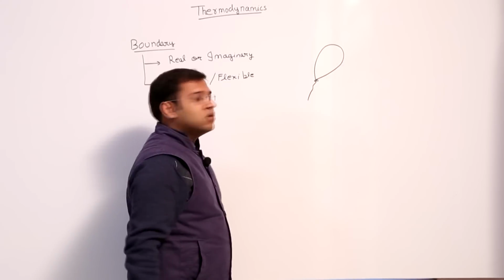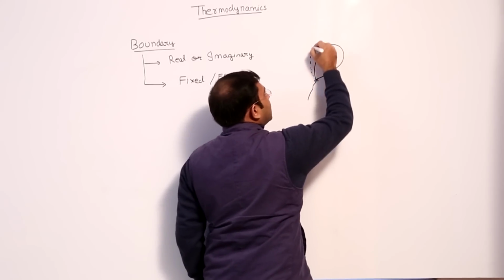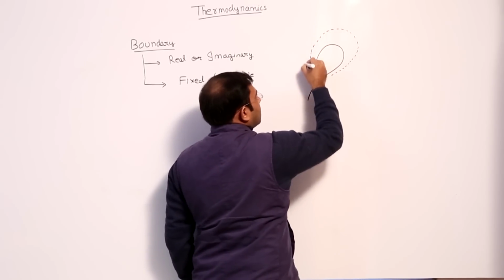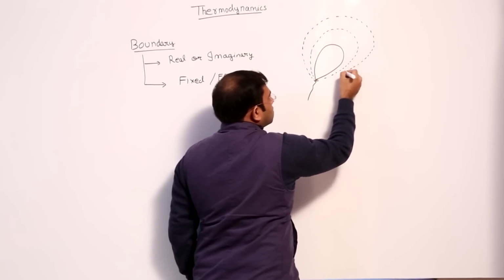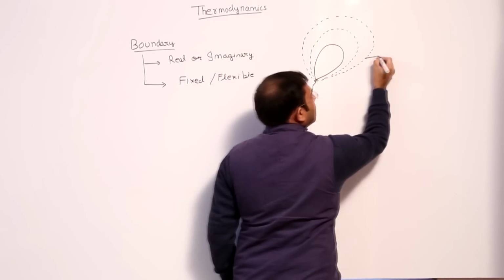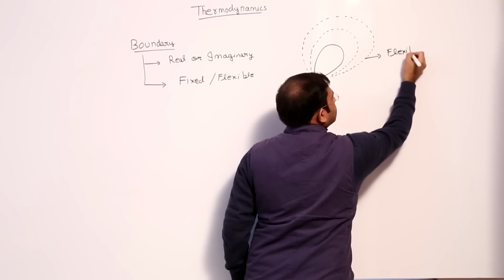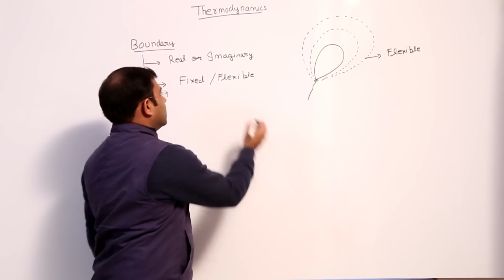Suppose this is a balloon and we are inflating it. What will happen? It will get inflated and its size will grow. So here we see that the boundary of the system is flexible.